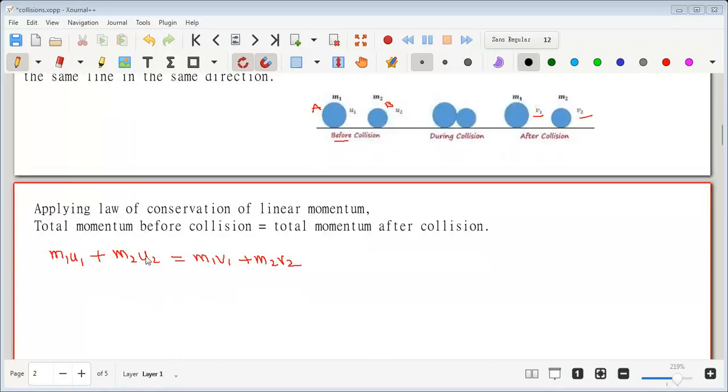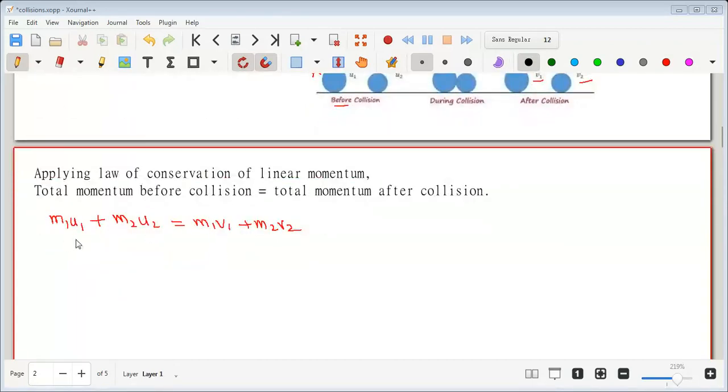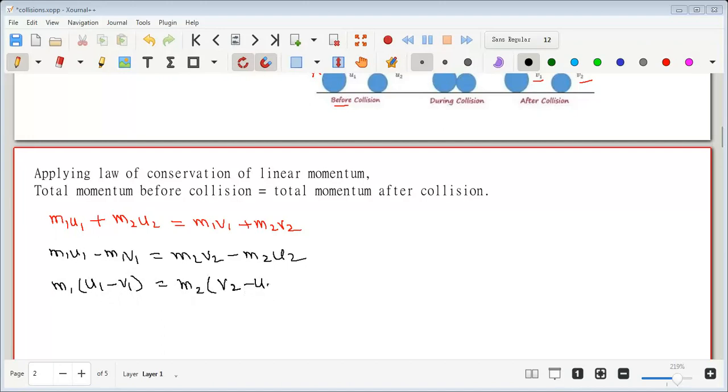Now write m1 values on the left side, m2 values on the right side. So m1 u1 minus m1 v1 is equal to m2 v2 minus m2 u2. Take common factors: m1 into (u1 minus v1) is equal to m2 into (v2 minus u2). This is equation number 1.